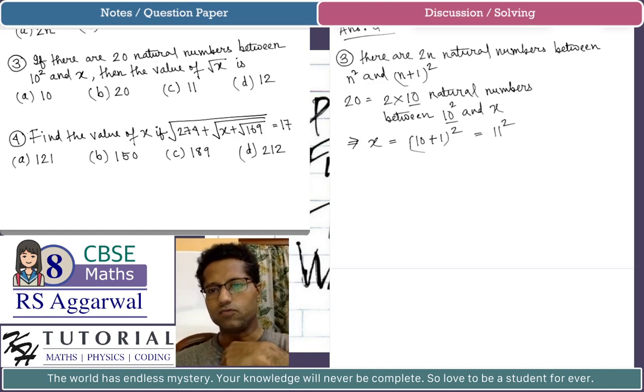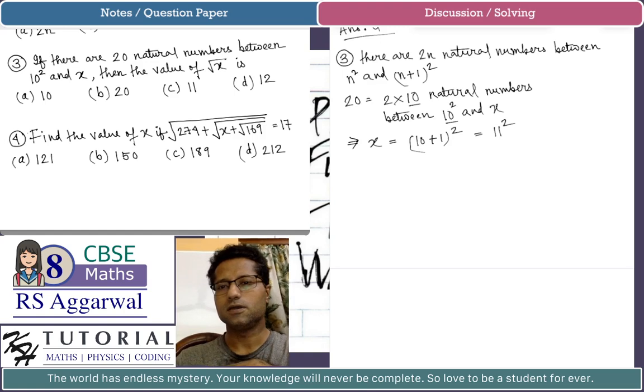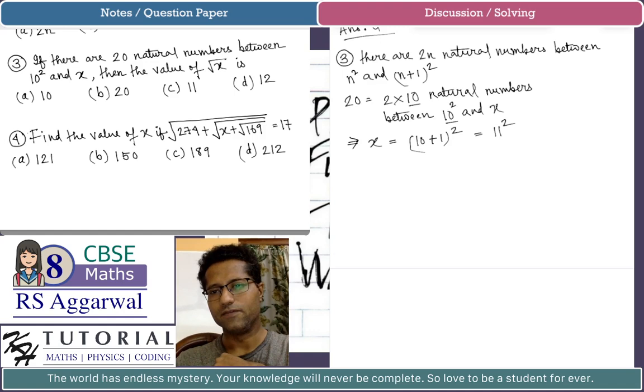It is given that there are 20 natural numbers between 10 square and x, and we know that there are 2n natural numbers between n square and n plus 1 square. If you try to correlate the given information in the problem statement and the property of square numbers, then you can easily find out that for the given problem, x has to be the next square number after 10 square, and the next perfect square after 10 square is 11 square.